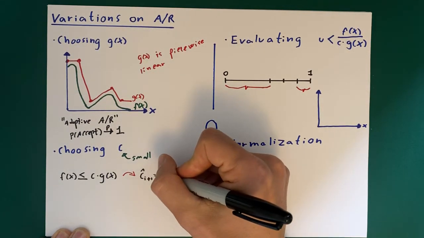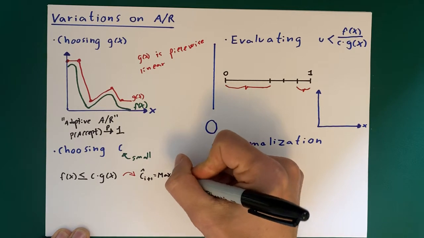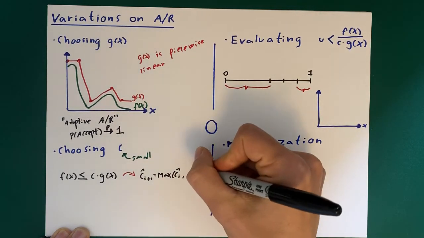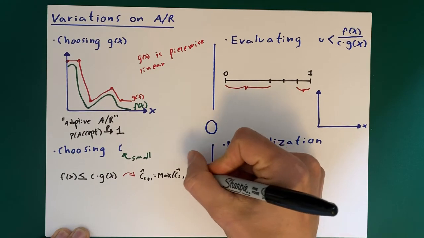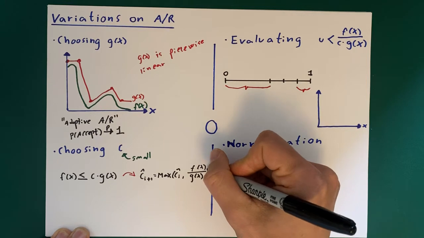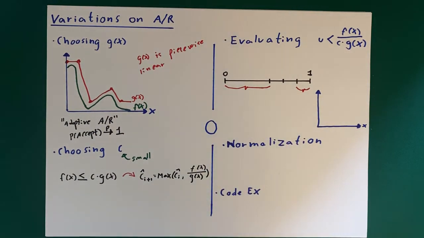We'll choose that as the maximum of ci hat and f of x over g of x, and then we'll iteratively just update this c, and it can actually be shown that what we're simulating from then converges to the right distribution.